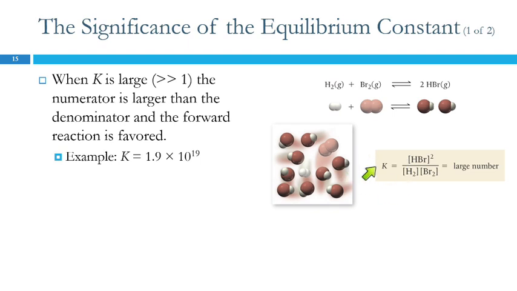In order for K to be big, which tells us that the product concentration is greater than the reactant concentration. And that tells us that the equilibrium favors the products. It's going to go mostly to the right. Example, this might be 1.9 times 10 to the 19th power.